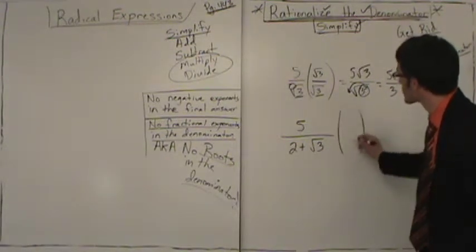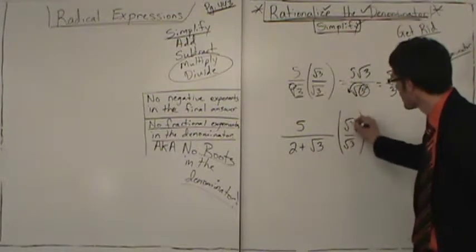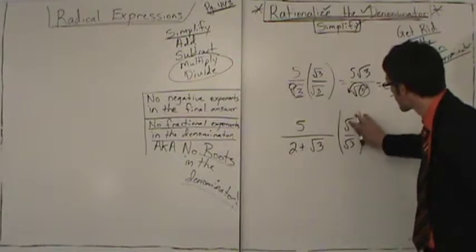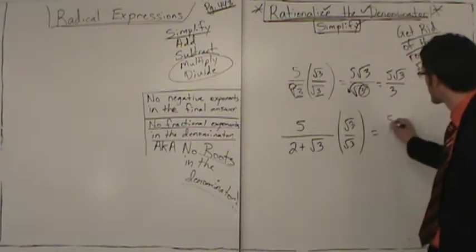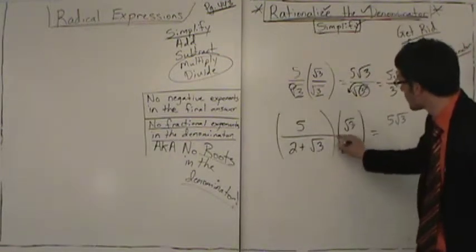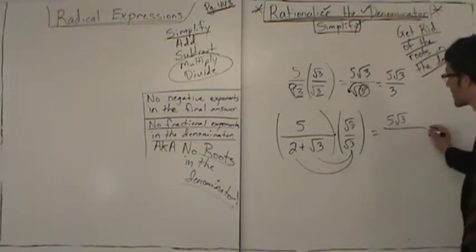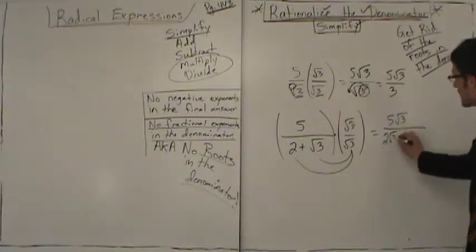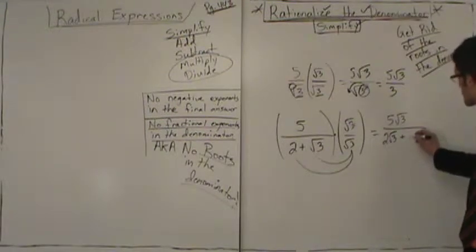Well, let's try the process we just used. If we try to multiply by root 3 and root 3 to create another 3, watch what happens. We end up on top with 5 root 3, but what happens when multiplication meets addition? Remember that the distributive property applies. So we end up on the bottom with 2 root 3 plus root 3 times root 3 is just 3.